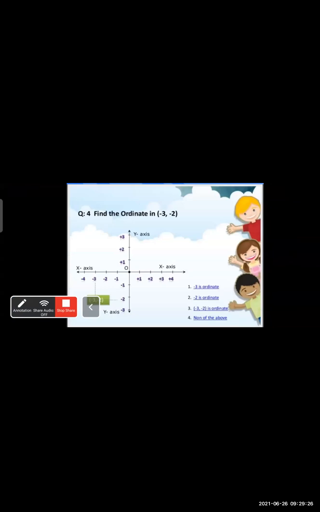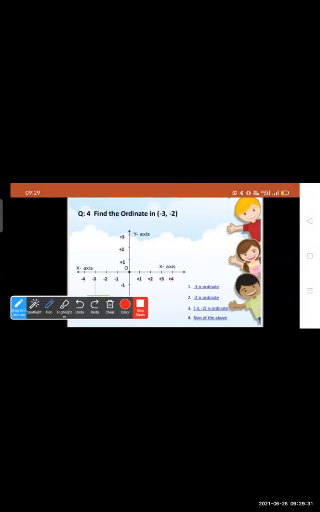Find the ordinates. Yes, the word is ordinates. I explain abscissa and ordinate. So student, remember this thing. Abscissa means x value and ordinates means y value. The question is find the ordinate of (-3, 2).